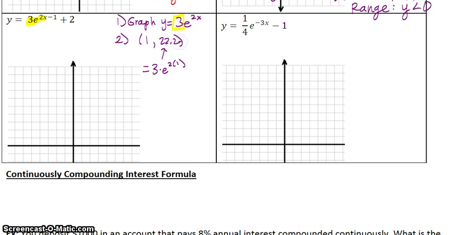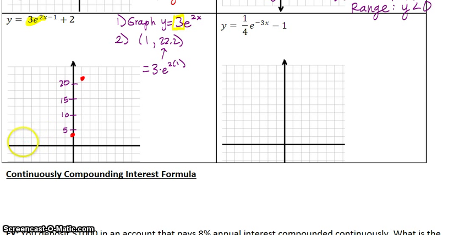So we're going to have to make the scale on my graph different than normal. So I'm going to make the scale on my graph up by 5, 10, 15. So actually each tick mark is 2.5, which might make things a struggle in a second, but whatever, we'll figure it out. So my y-intercept is at 3, and the second point is at 1, 22.2, so something like that.